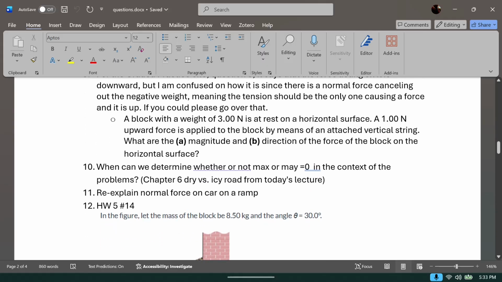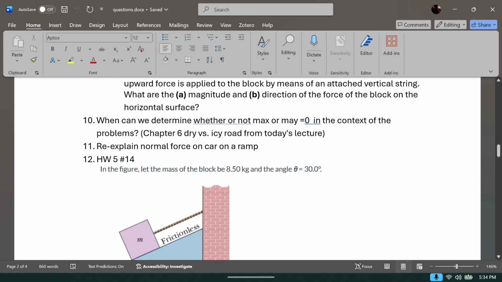All right, from there, when can we determine whether or not the acceleration is 0? If no change is happening in the motion. So if it's not speeding up, slowing down, or changing direction, the acceleration is 0 by definition of what acceleration is. But sometimes there's problems where it doesn't scream that out at you.